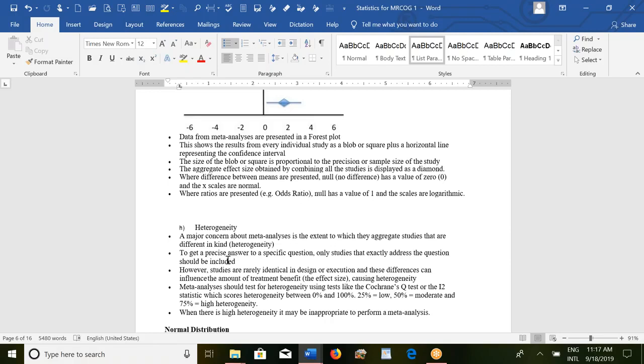So 25% will be low heterogeneity, 50% will be moderate, and 75% will be high heterogeneity. When there is high heterogeneity, it may be inappropriate to perform a meta-analysis. If there is low heterogeneity, then again it is not a good trial. Okay, so usually they will try to go up to 50%.